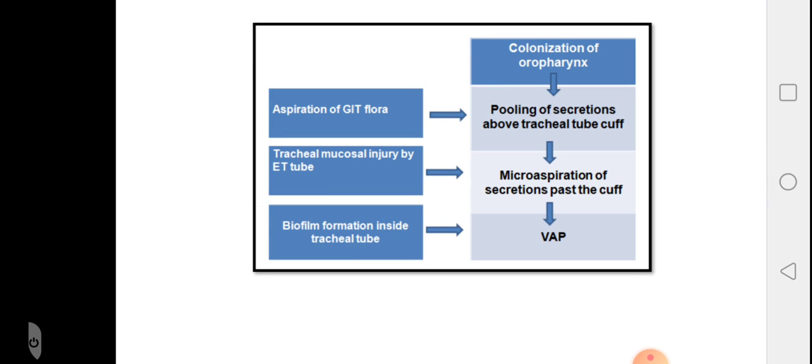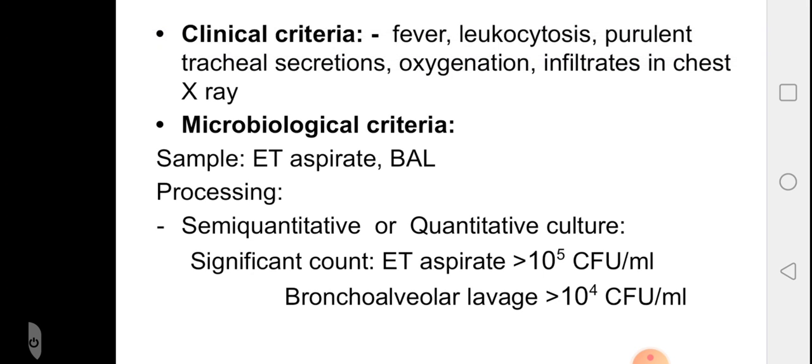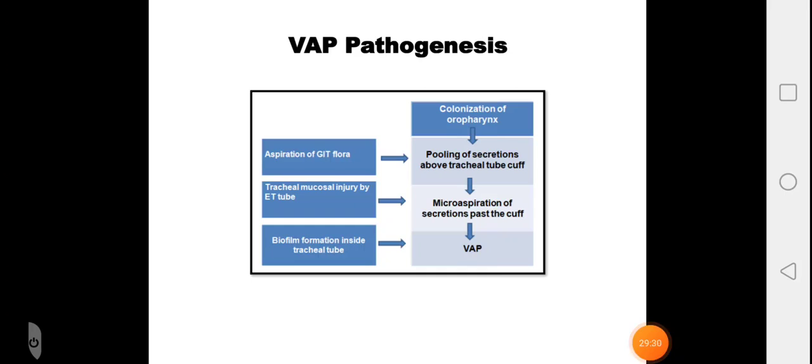Further looking into the pathogenesis, whatever flora is colonized in the oropharynx enters the secretions which have pooled up above the tracheal or ET cuff, as well as the aspiration of GI flora because of the use of a nasogastric tube and disruption of the esophageal sphincter.